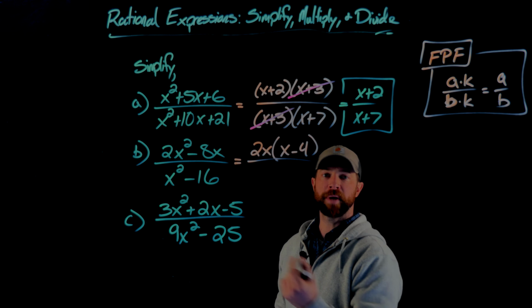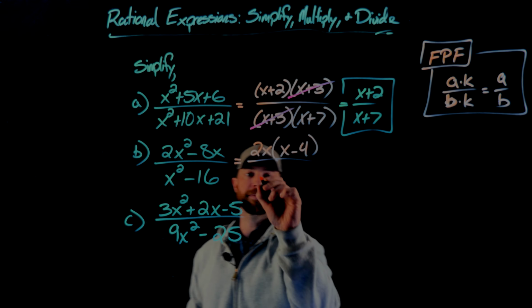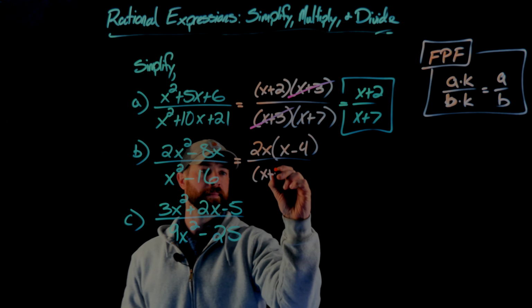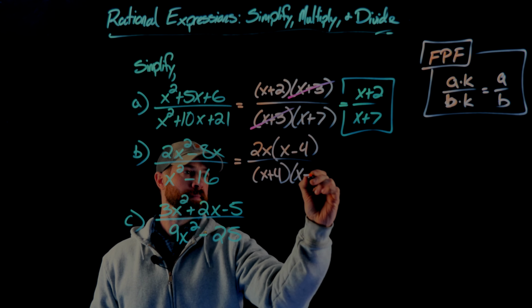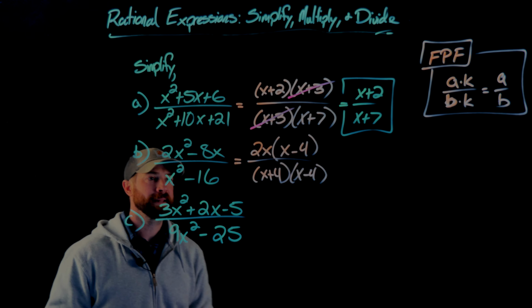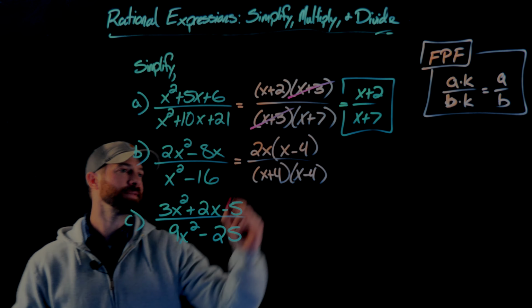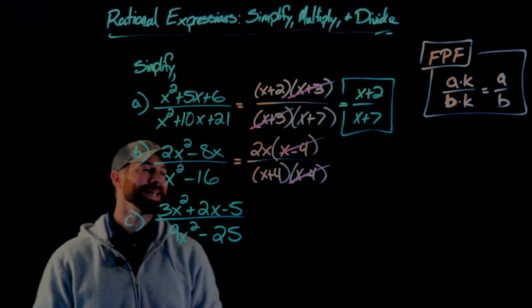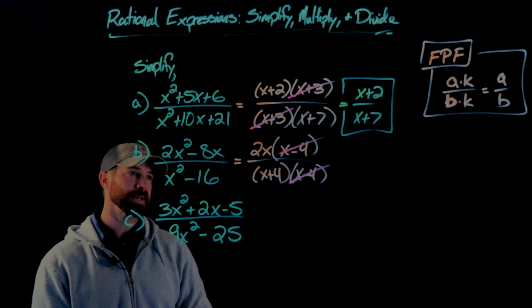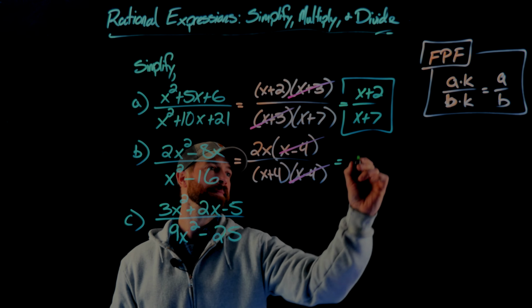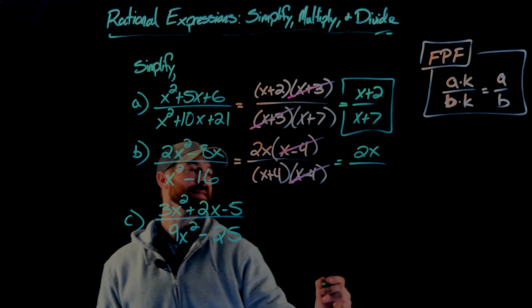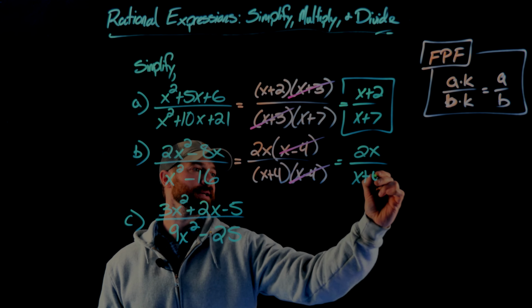This would factor into x plus 4 times x minus 4. I can now cancel the common factor of the x minus 4 between both of these, leaving me with the 2x up in the numerator and the x plus 4 in the denominator.